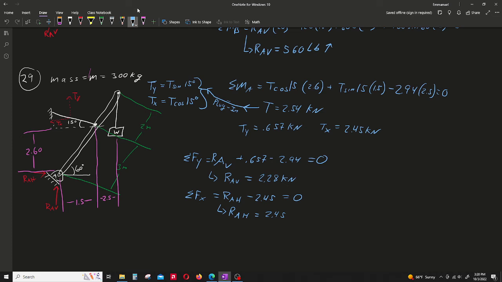So yeah, from there we solve for our R about A, which is the square root of 2.28 squared plus 2.45 squared. And then we get 3.35 kilonewtons. And then our theta is going to be equal to the arctan of 2.28 over 2.45, the y over the x, which is going to give us 42.9 degrees.